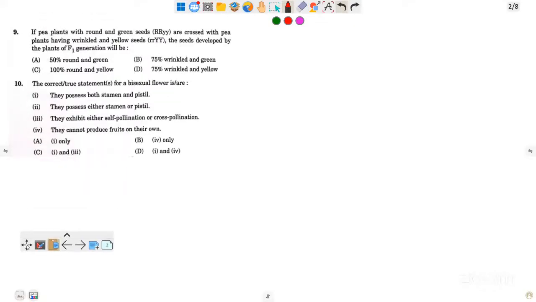If a pea plant with round and green seeds is crossed with a pea plant having wrinkled and yellow seeds. The genotype is given here: capital R, small y, crossed with small r, capital Y. Which are the gametes here?